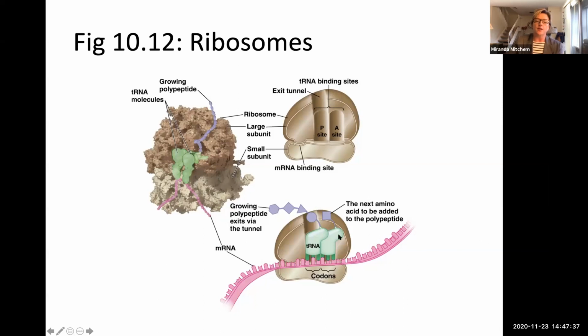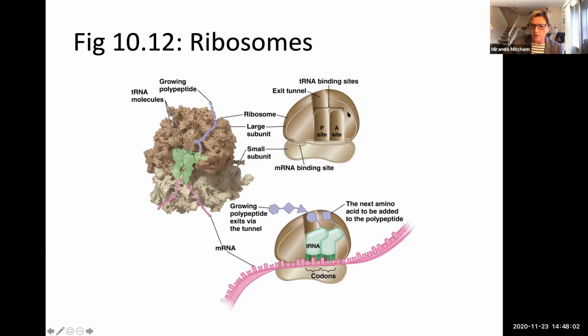Okay, so now let's look at how the tRNA works. Now we're in the ribosome, which is the location of protein synthesis. It doesn't matter if we're talking about a free ribosome or one that is attached to the endoplasmic reticulum or even to the nuclear membrane. Every time we talk about ribosomes, their job is to make protein. That's all they do.